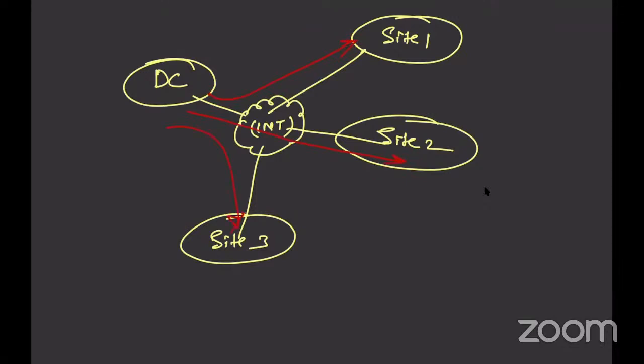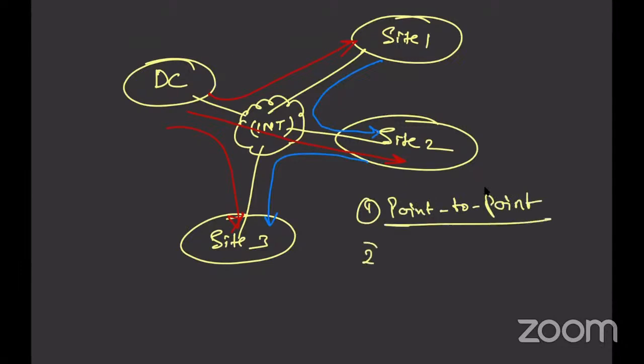If we want to communicate from site 1 to site 2 directly, then we need to form a tunnel between the sites. But all of these tunnels are, first of all, point to point, meaning they are between two devices.